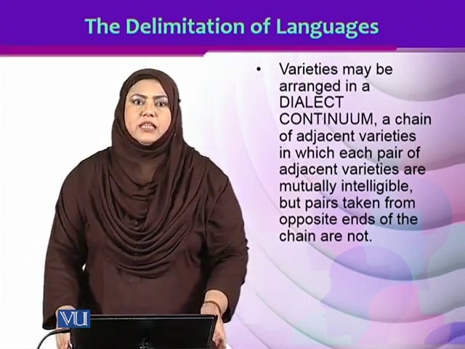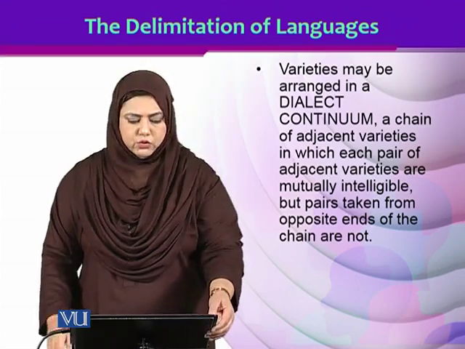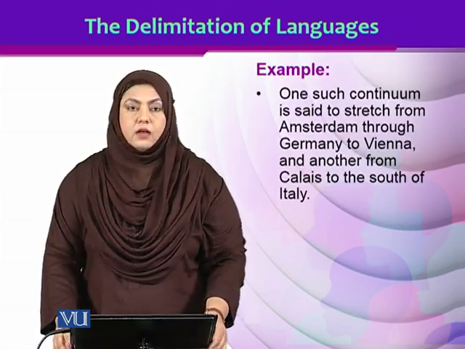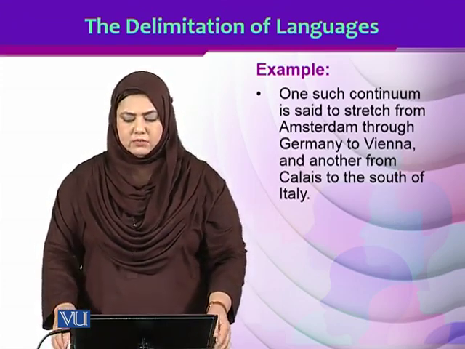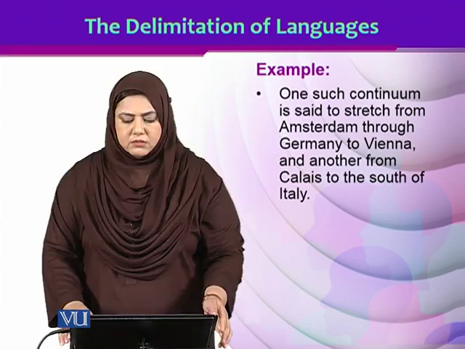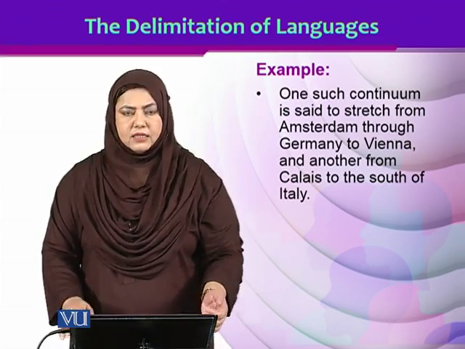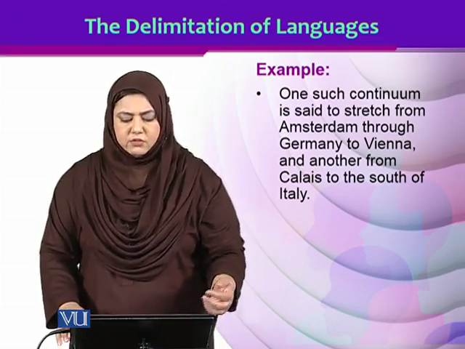In that case, would they be called one language or not is a huge question. From the real world, I can give one example of such a continuum that is said to stretch from Amsterdam through Germany to Vienna, and another example is of Calais to the south, Italy.